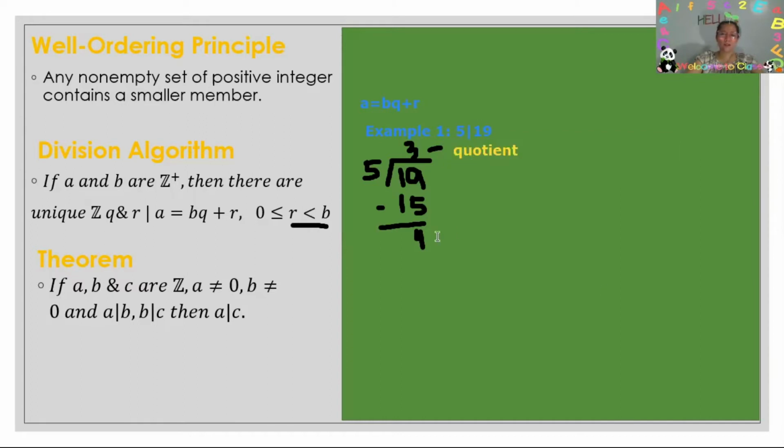And this one is what we call our remainder. Take note, mga ka-GG. So our Q means quotient and our R is the remainder, whereas our A and B are any positive integers. So take note for that. And we will now write it in the division algorithm way.